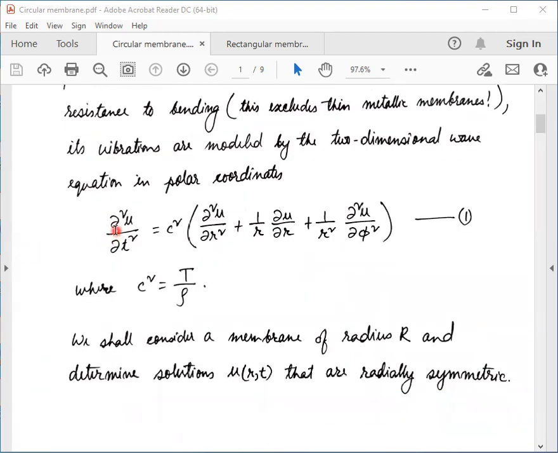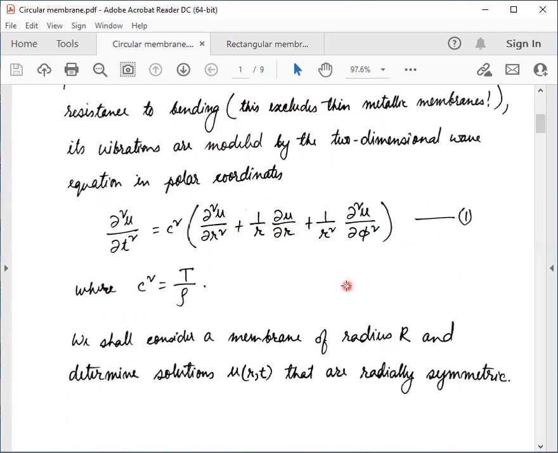This particular case excludes thin metallic membranes because they offer some resistance to bending. The wave equation in general is given by the second order partial derivative of u with respect to t equal to c squared times the Laplacian of u. The Laplacian of u, expressed in polar coordinates, is given by this term inside the bracket, where the coordinates are r and phi. Here c squared is the ratio of tension to mass density.